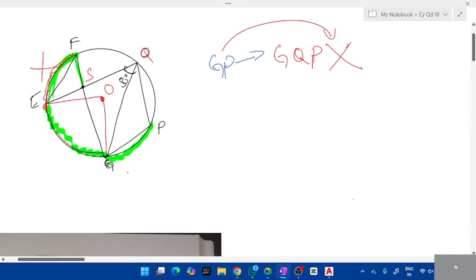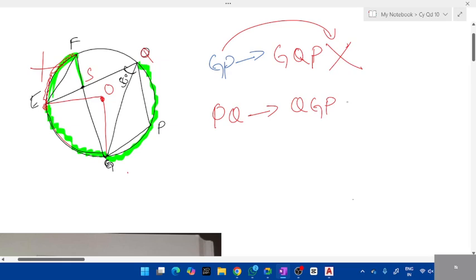Let us take the other arc, PQ. Look at PQ, all of you. PQ is the arc. Observe PQ and tell me any other triangle formed on PQ. QGP. Anything else? Sure, nothing else, right?